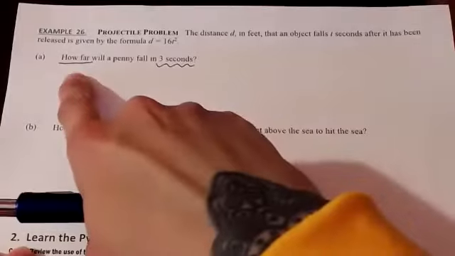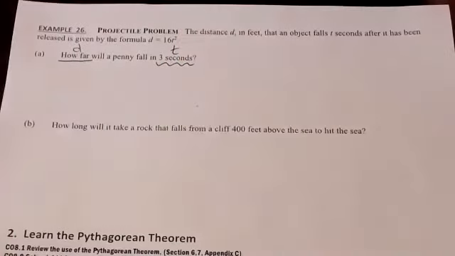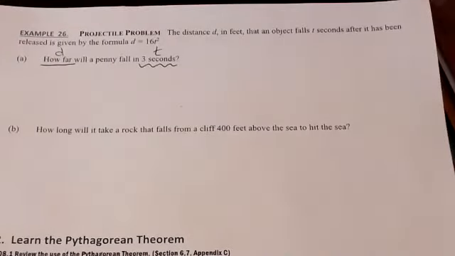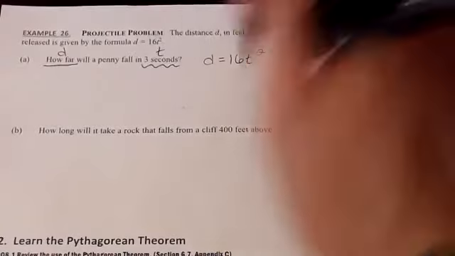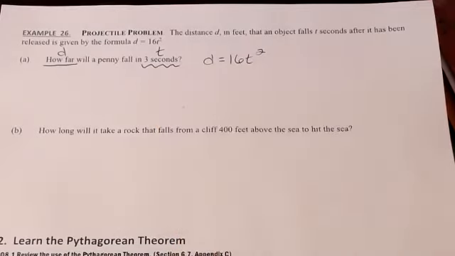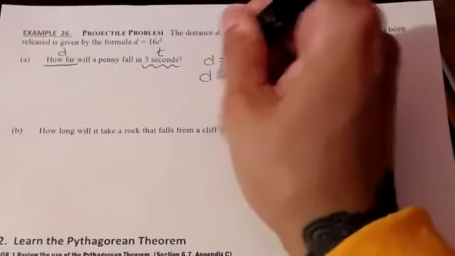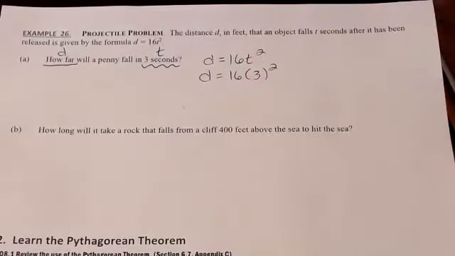Do you all agree that how far pertains to distance, and that the 3 seconds here pertains to time? If you've never seen this before, I don't want you to overthink this. You know that d is equal to 16t squared, and it's telling you that t is 3. Let's plug 3 in for t. What do you get when you do that math?